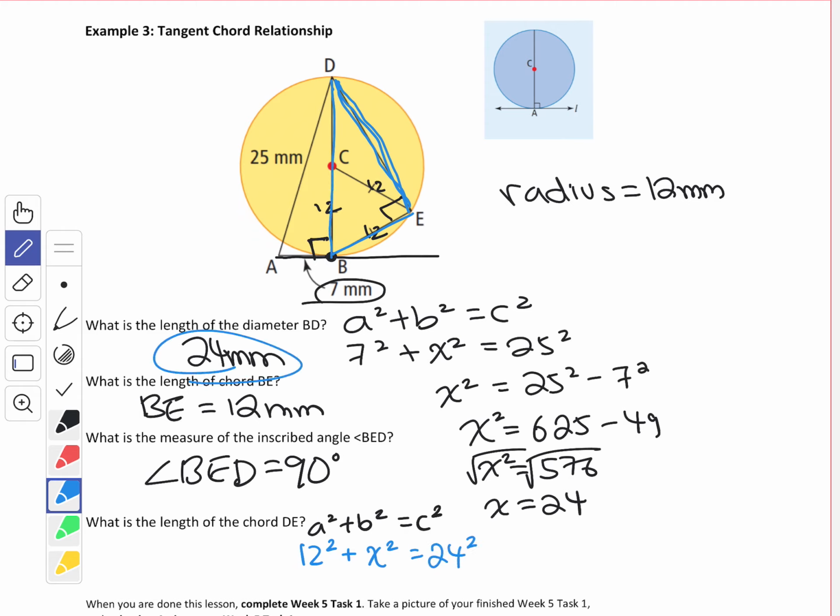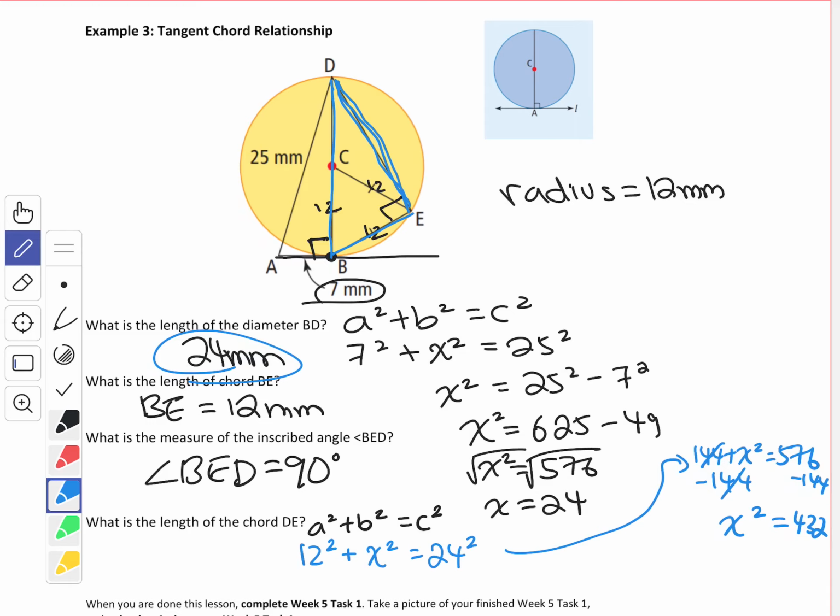C is our hypotenuse and that is our diameter, and we said our diameter was 24. So we go 24 squared. I'm just going to move this over here to solve so that we have more room. We have 144 plus x squared is equal to, what does 24 squared give us? It gives us 576. Take away 144 on both sides.